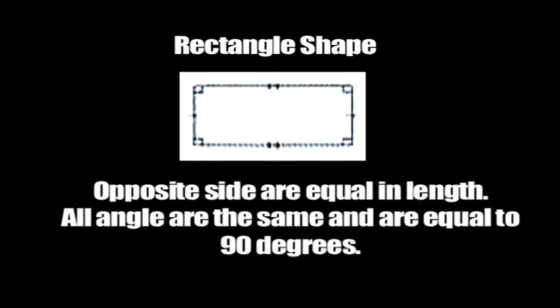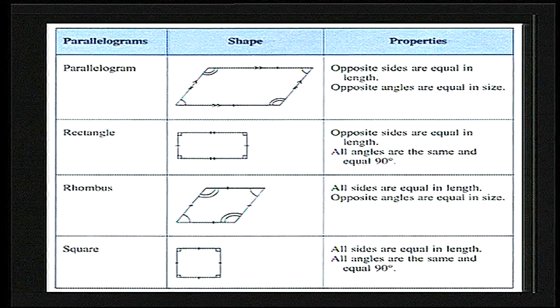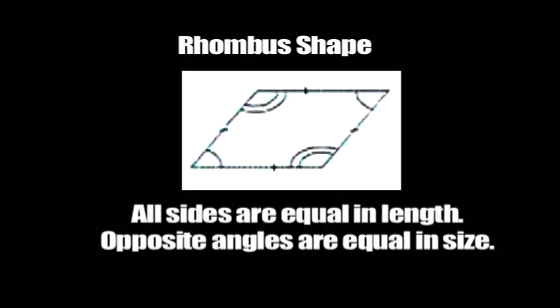Okay? Now, the next one is a rhombus. A rhombus, all sides are equal in length. Rhombus is just similar to a square. All sides are equal in length and opposite angles are equal in size. So we can say a rhombus is just a tilted shape of a square.